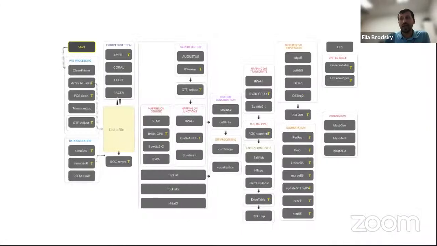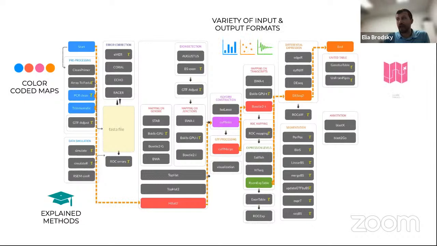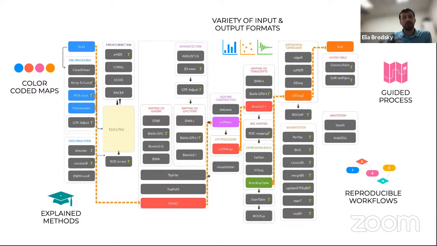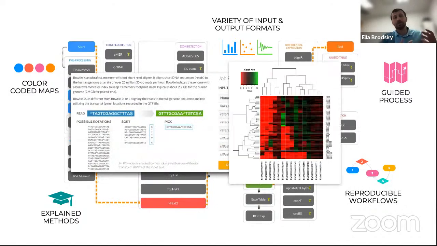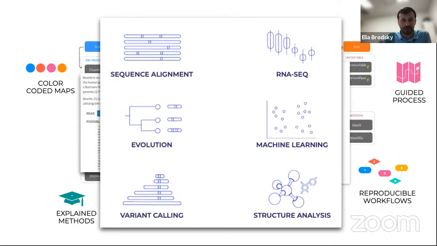Now, it includes a simple to follow interface with explained methods, color-coded maps with different types of inputs and outputs that you can try, and provides you with a guided process that is interpretable, reproducible, and following some standard applications and outputs that you can directly use in your final project. It covers things like sequence alignment, evolutionary studies using phylogeny, variant calling, RNA-seq, machine learning, and structure analysis.